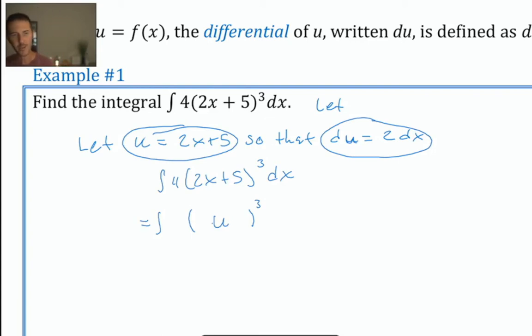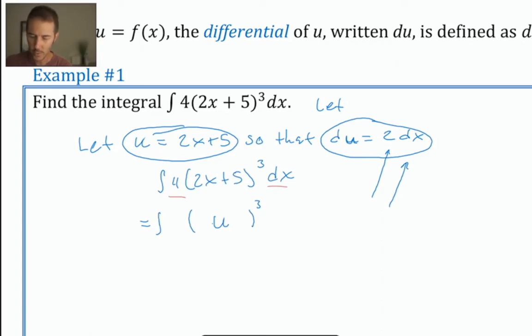Now, what have we not addressed? We have not addressed the 4, nor have we addressed the dx. And since this is substitution, we would like to put something in their place. Over here, I see a dx, and I see a multiple of 2. If I'm going to replace 4 dx with something, I can't replace it with a 2 dx.